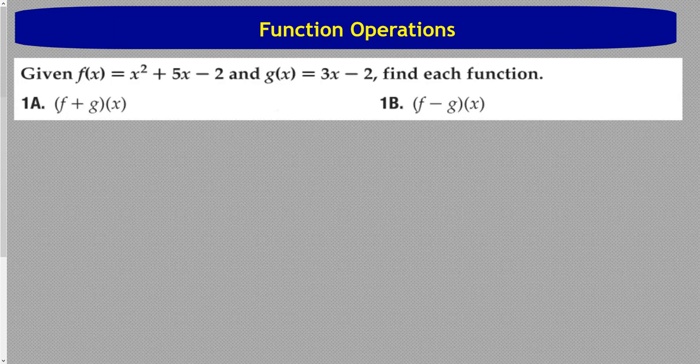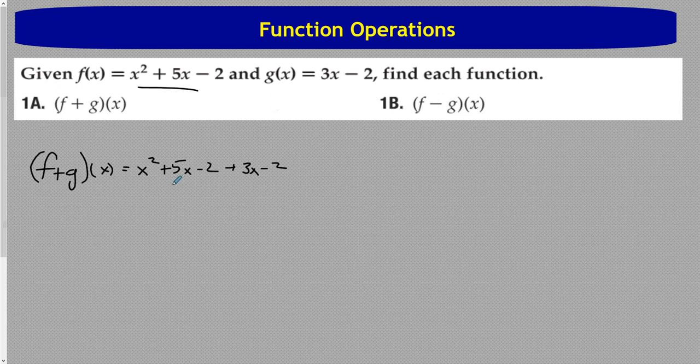Let's do one. Given that f of x is equal to x squared plus 5x minus 2, and g of x is 3x minus 2, find each function. So I'm going to add f plus g of x. So f plus g of x is going to be x squared plus 5x minus 2, and I'm going to add g of x, so plus 3x minus 2.